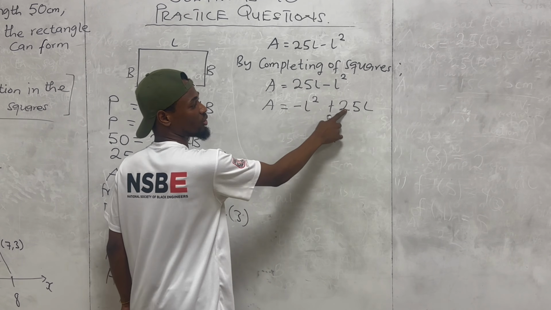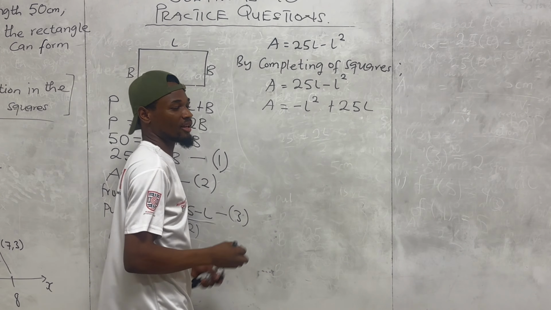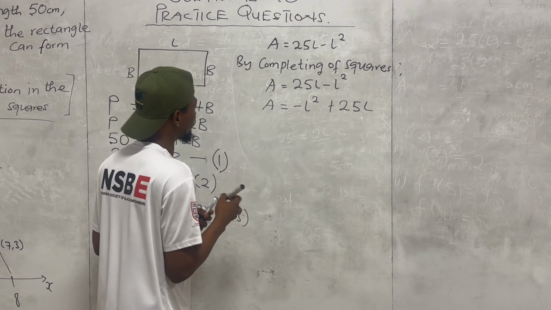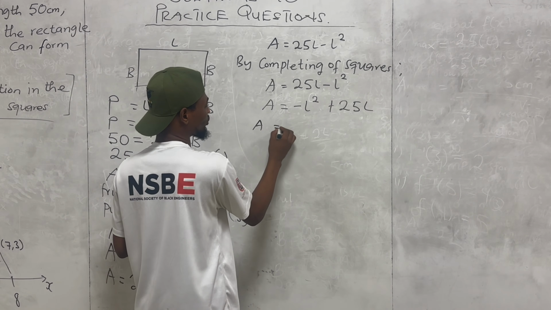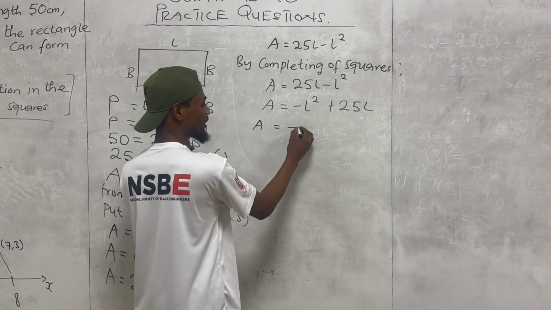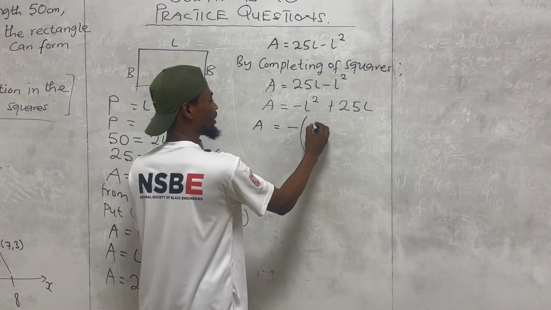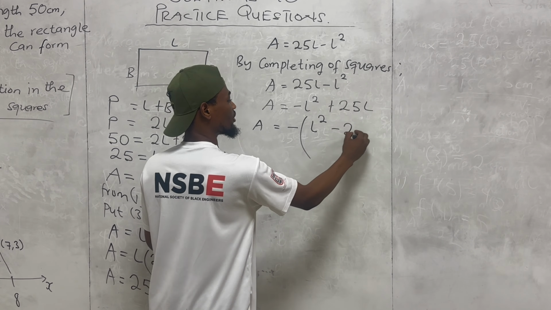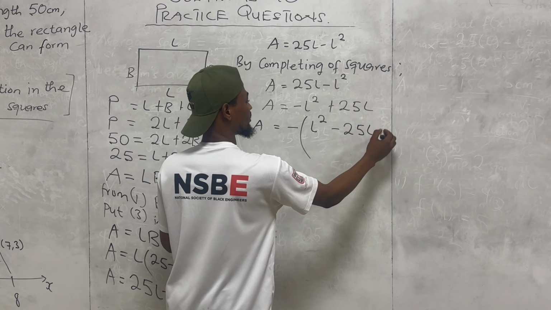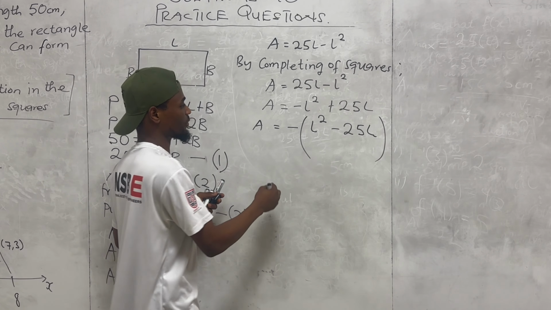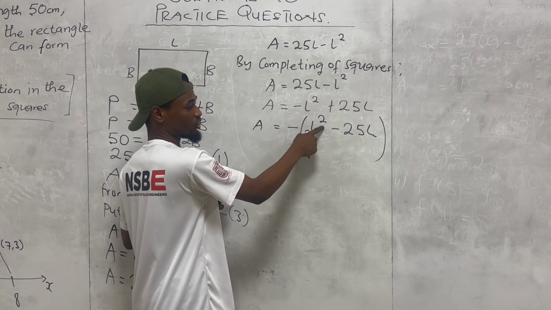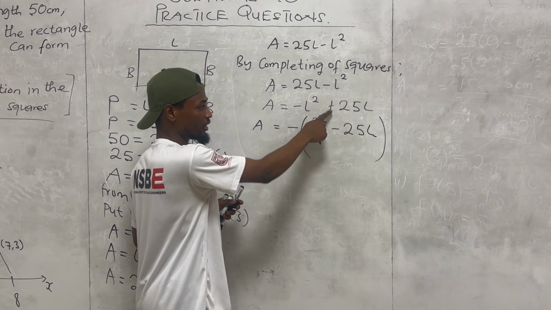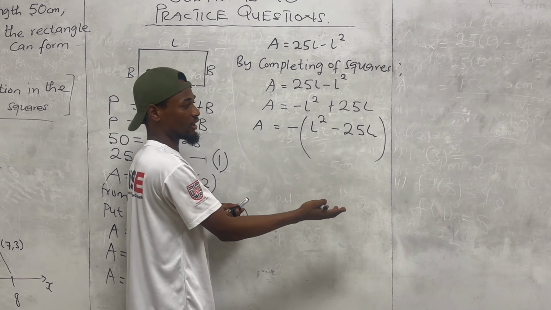Then I can say that A is equal to, I factor the negative out, negative L squared minus 25L. It's the same: negative L squared is negative L squared, and negative times negative gives positive.